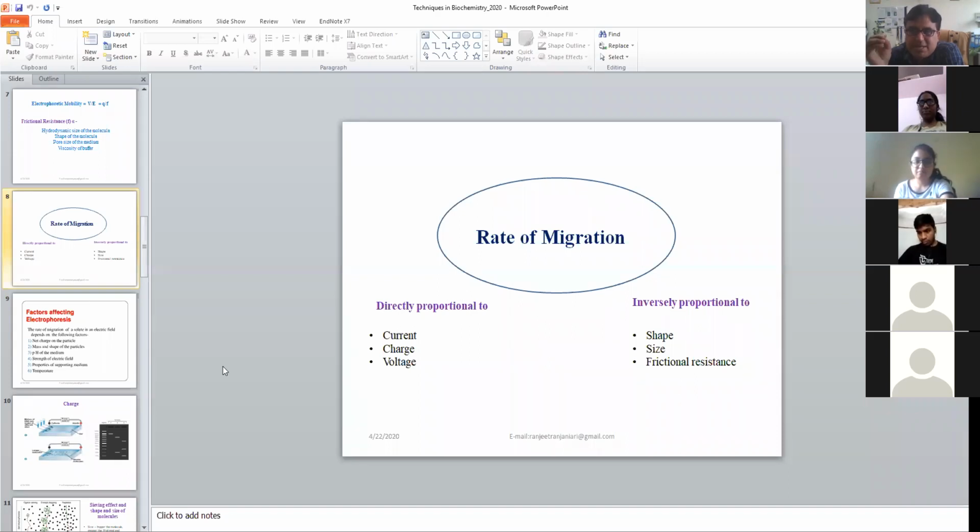Whereas in case of PAGE gel, we need to decide this current based on the unit which you are going to use. If you are using a PAGE unit, the current should be no more than 25 milliamperes. You can ask why? Because if you increase the current more than the limit for that instrument, this current will create heat, and because of that the molecule which you are going to separate will not be able to separate in the same form, rather it will deform its structure and will hamper the separation process itself.